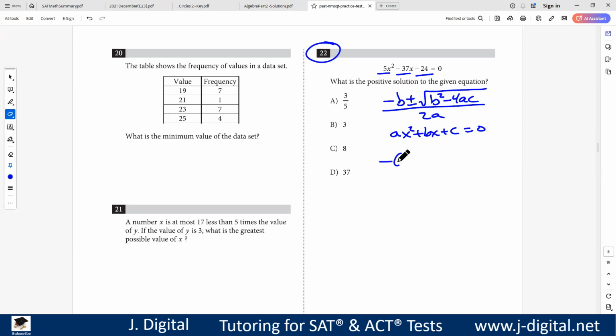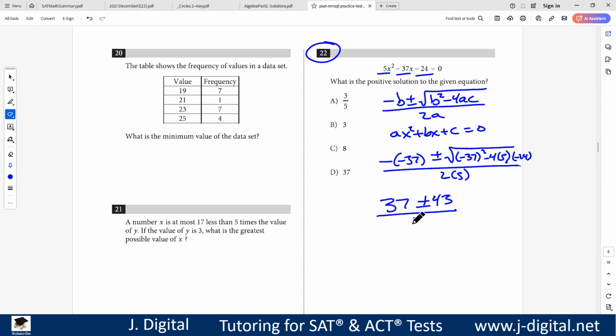We have negative negative 37 plus or minus the square root of negative 37 squared minus 4 times 5 times negative 24, all over 2 times 5. All right, so it's going to give you 37 plus or minus, and doing all that square root gives you 43.